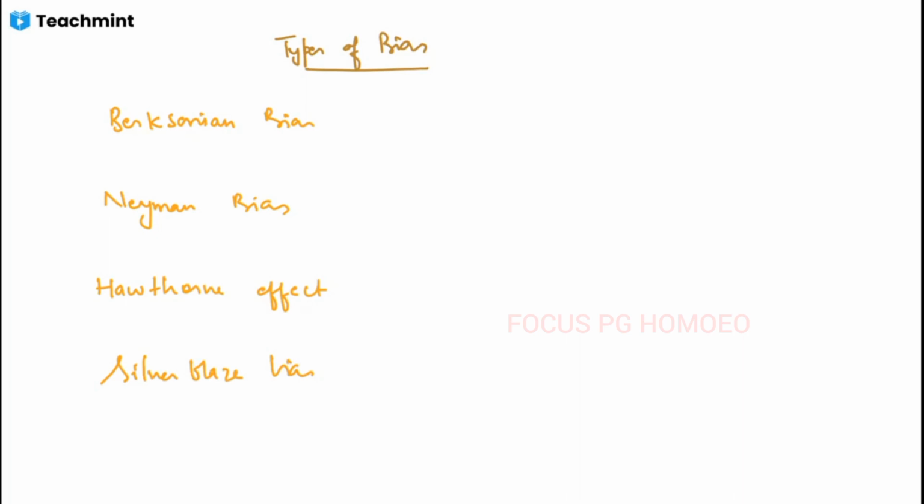Berksonian bias is the bias which arises because of the different rates of admission to hospital. Different people are admitted for different diseases in hospital, and if some bias arises because of that, it is called Berksonian bias.